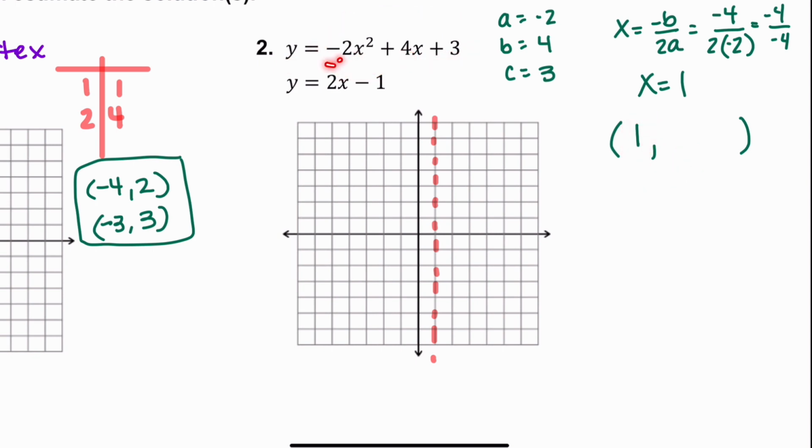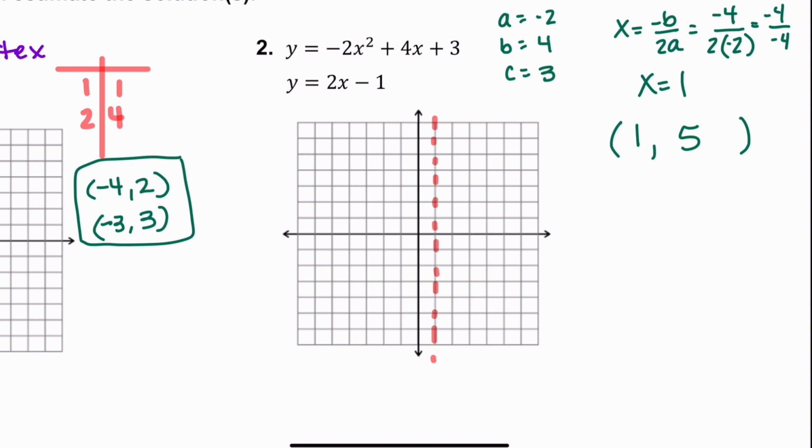So we're going to have negative 2 times 1 squared plus 4 times 1 plus 3. 1 squared is 1. 1 times negative 2 is a negative 2. 4 times 1 is a 4 plus 3. 4 plus 3 is 7. 7 minus 2 is 5. So our y value there is going to be 5.